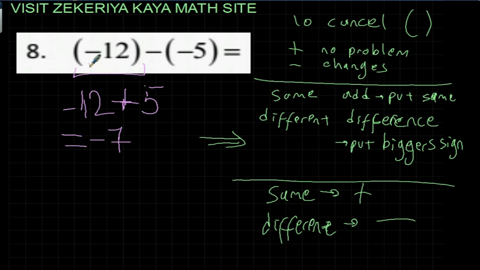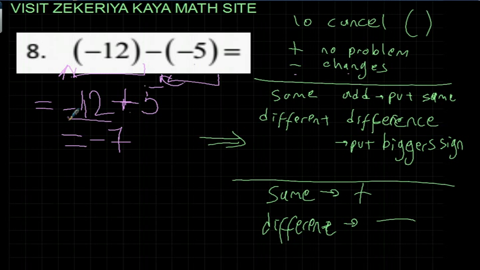Before the first parenthesis, there is no problem. Minus 12 comes out directly. Look at here, listen to me. Now, before the second parenthesis, there is a problem. Minus changes the next sign. Minus 5 must come out of parentheses as plus 5.